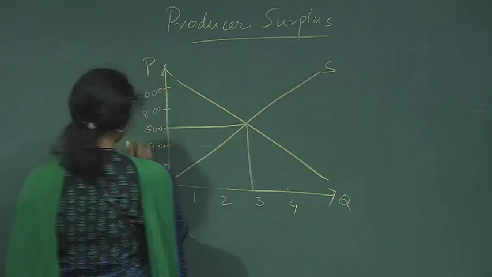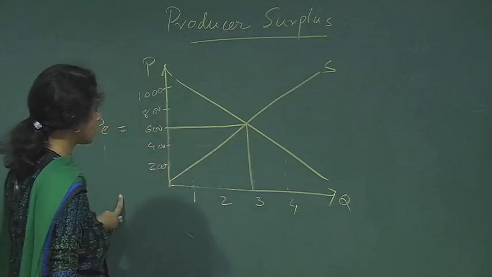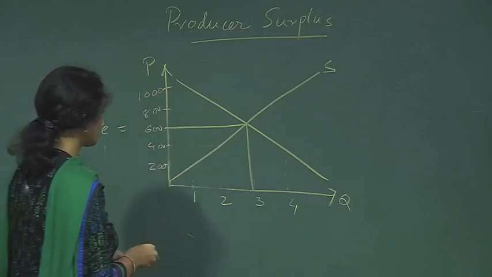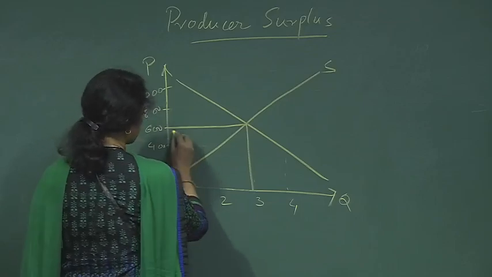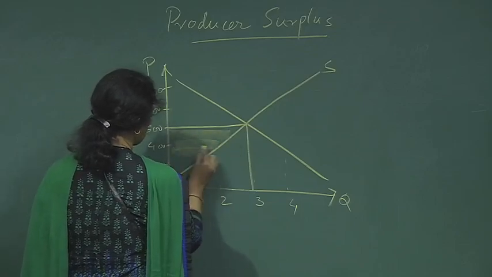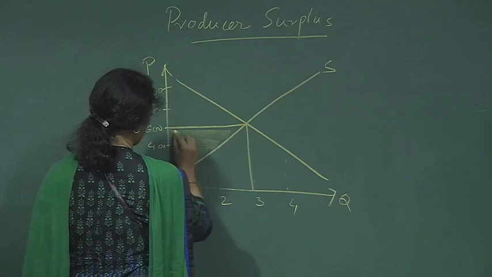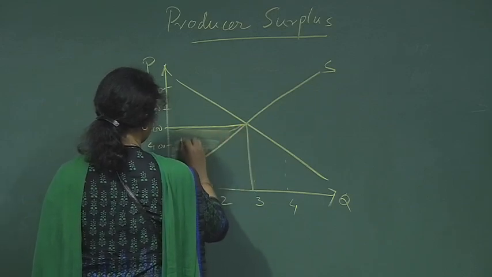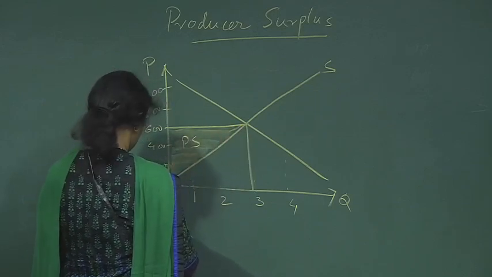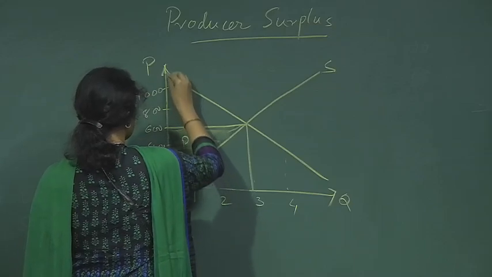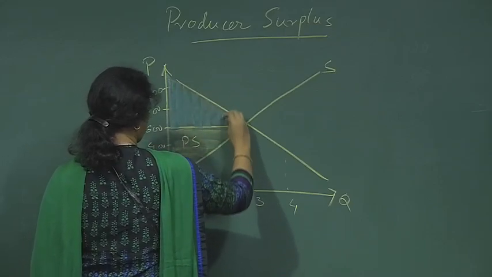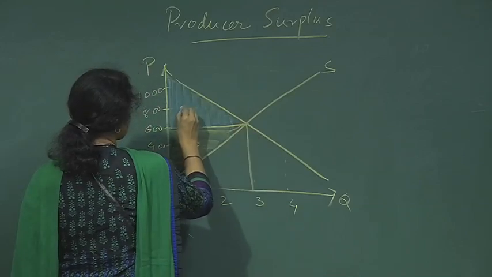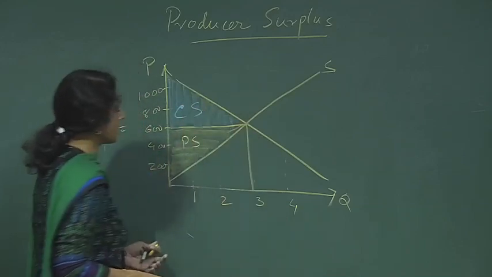This is the equilibrium price. Now, which part is the producer surplus? As we already drew, this is the producer surplus, PS, and this is the consumer surplus or CS.